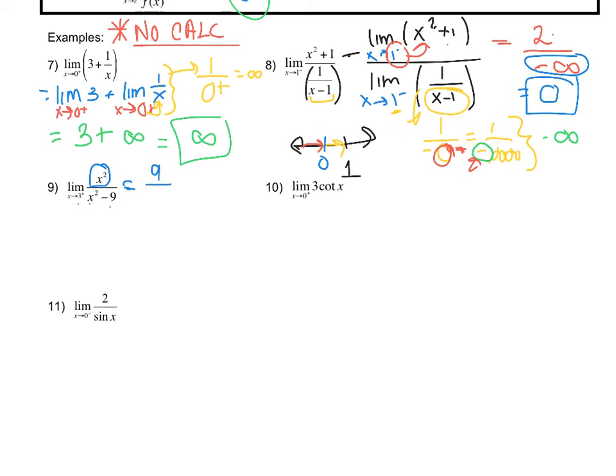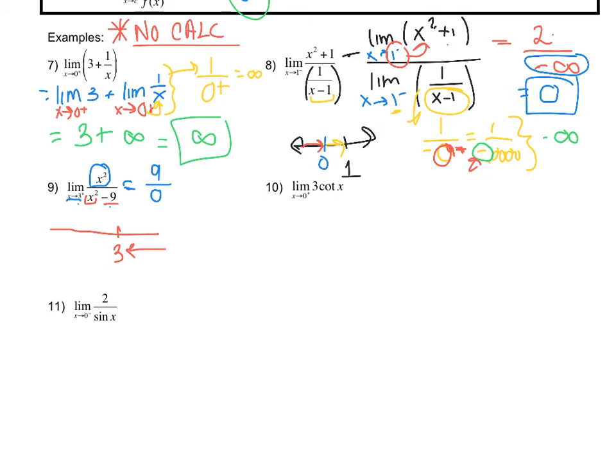The denominator is where we have a problem. This function is not defined at 3 because when you square 3 and then subtract 9, the result is 0. That's undefined, but x is approaching 3 from the right. If I've got a number line, here is 3, and x is approaching 3 from the right.